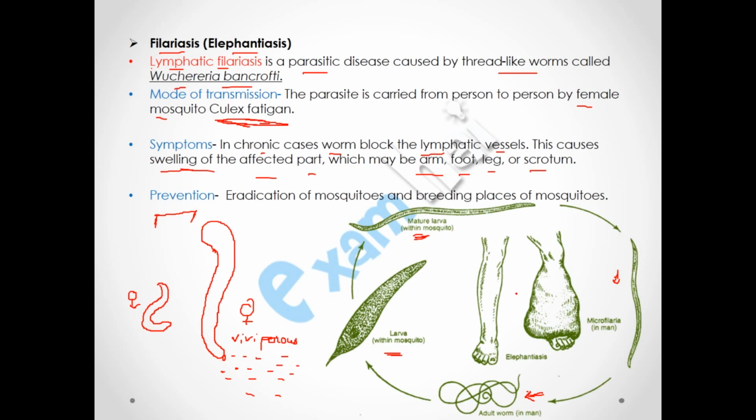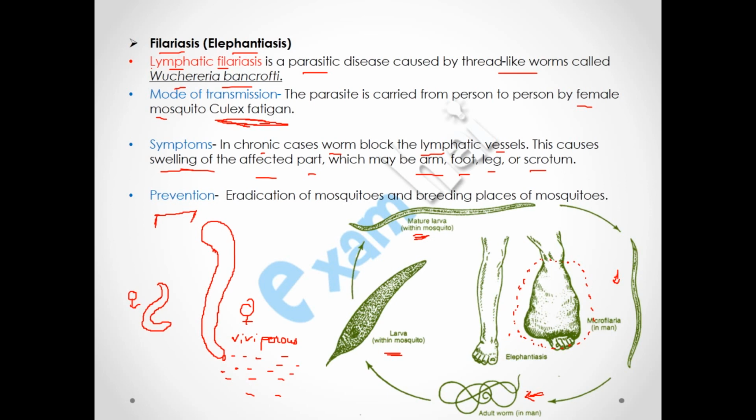As you can see in this diagram, this leg of a person, or we can say foot of a person, looks like the foot of an elephant. So due to this kind of appearance, this disease is named Elephantiasis.